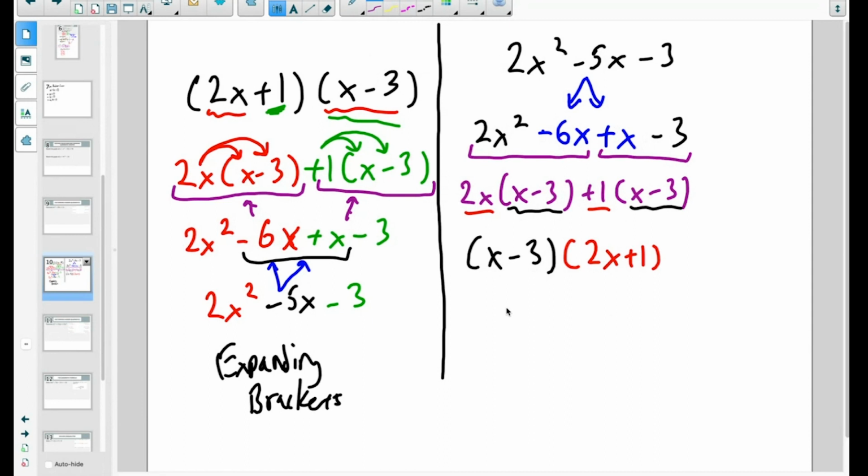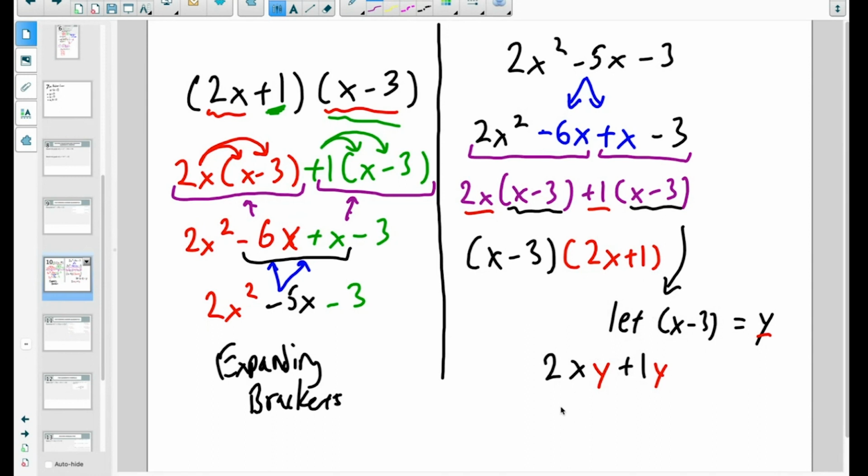If you don't quite see it, let's go ahead and compare. Let's say let x minus 3 be equal to y. Okay, so I'm going to rewrite this as 2x, and instead of putting x minus 3, I'm going to replace it with a y. So 2xy plus 1, and then instead of x minus 3, it's just going to be plus 1y.